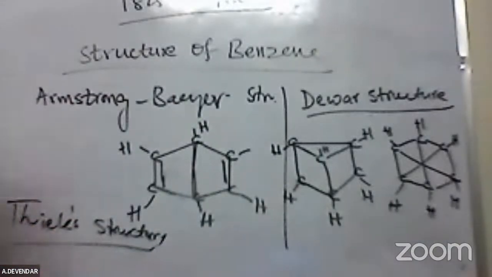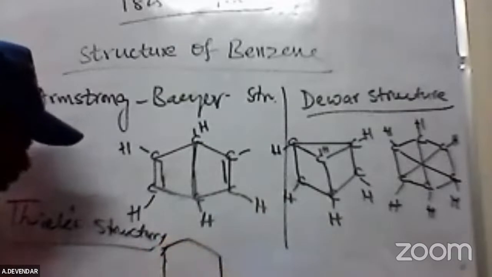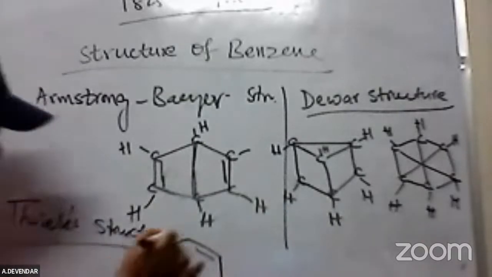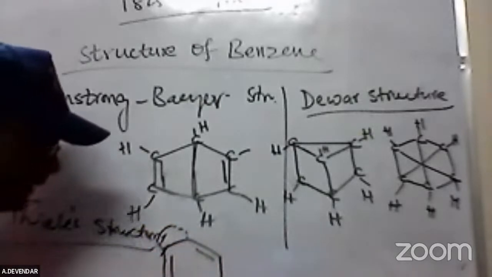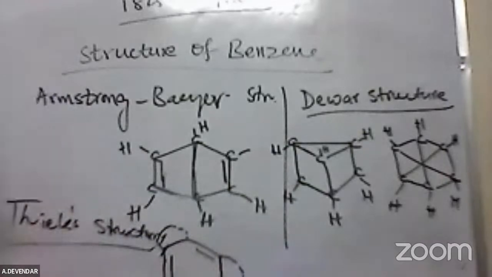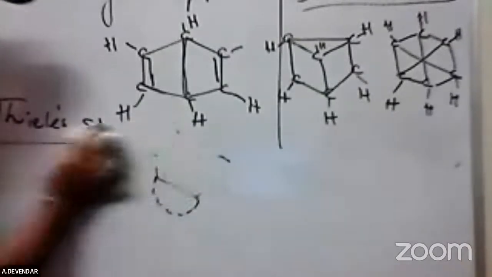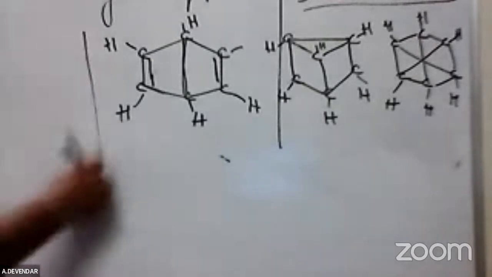In that, the Thiele structure is very simple. It is close to the reality of benzene. There are alternating bonds, but he explained that the electrons are localized on the single bond. I hope this is clear. Let us see, I am clarifying this particularly, because this Thiele structure is very important to us.